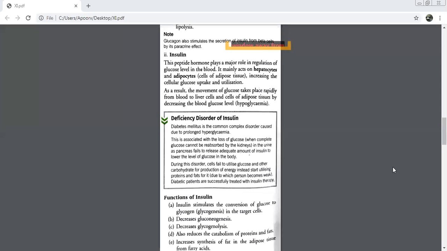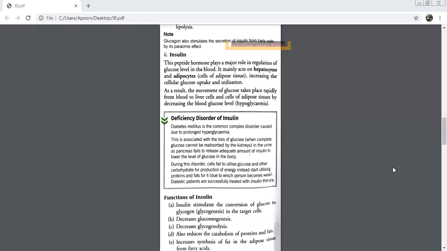Here the uptake is increasing or decreasing? And what had happened in the previous one? Decreased uptake. When the uptake was decreasing, then the glucose level in the blood was increasing or decreasing? Increasing.